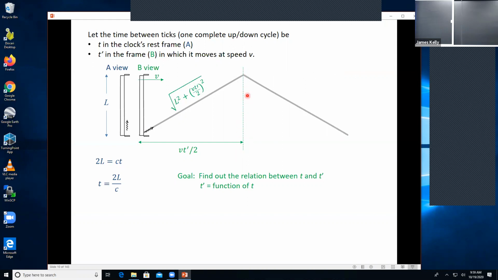So this is still L. And so I can use the good old Pythagorean theorem to figure out the length of the hypotenuse. In other words, what is this distance in space that the light pulse is traveling on? It's the square root of L squared plus this thing squared, (vT prime over 2) squared. That's the Pythagorean theorem. So I've labeled that distance on the hypotenuse there.